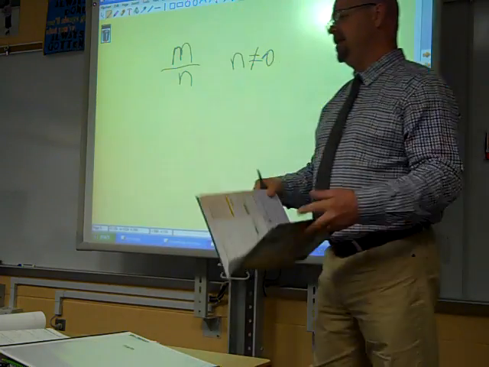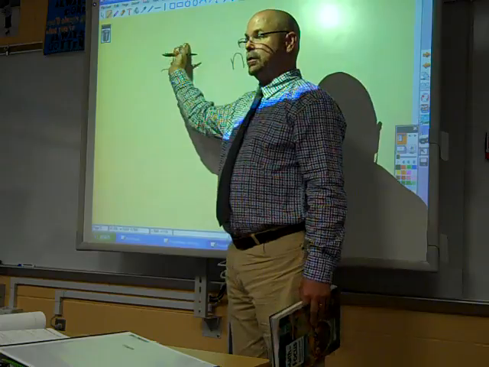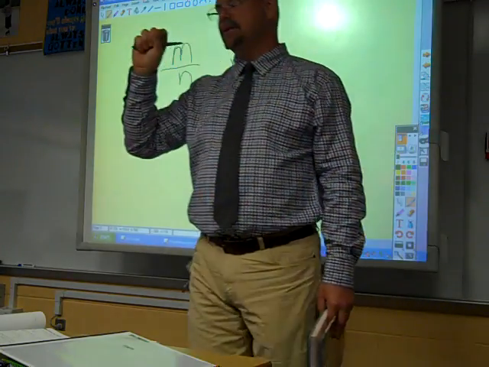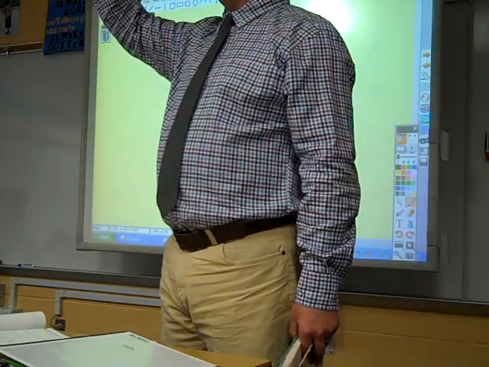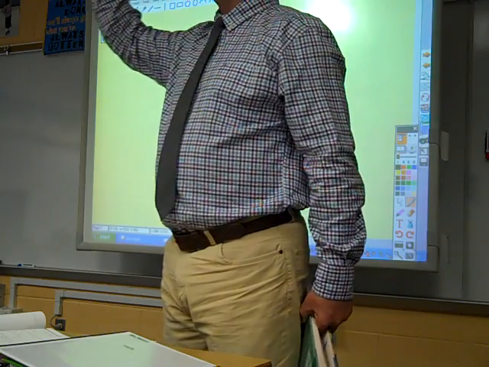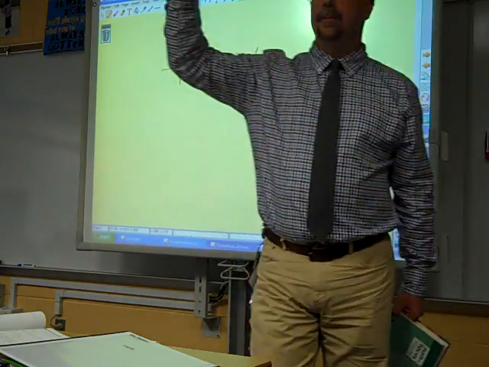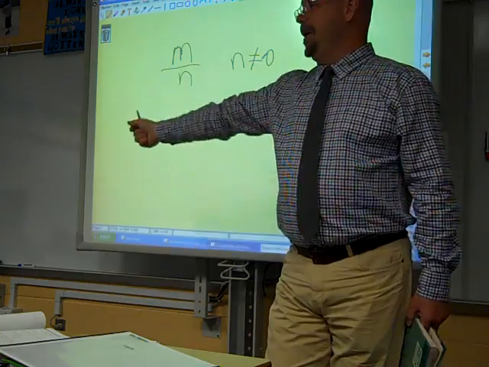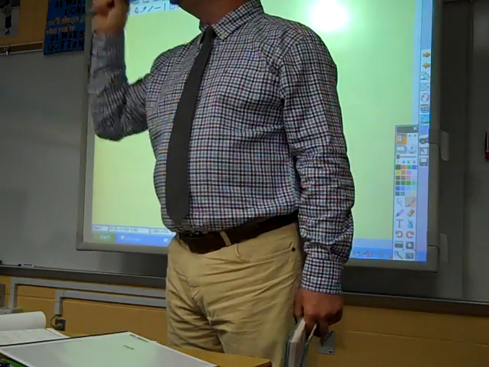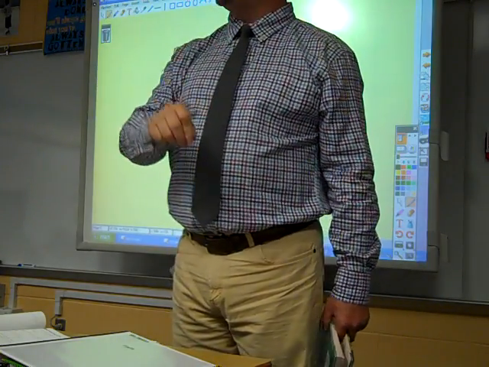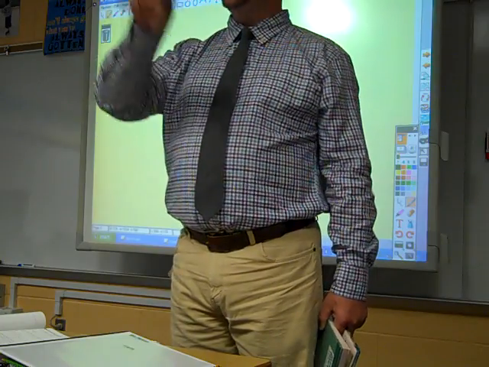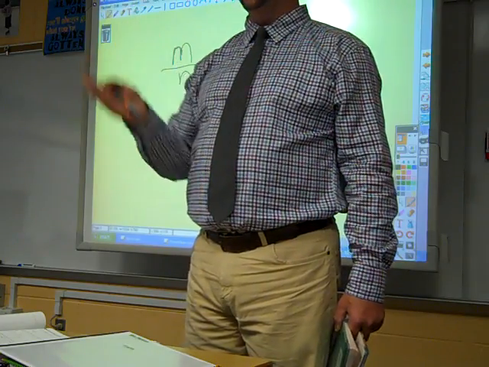Okay? So what that means is, this is an integer. We just reviewed integers very quickly in the beginning. Who remembers what an integer is? Anybody want to share what you think you remember? Okay, I'll remind you. All whole numbers and their opposites. So 1 and -1 are opposites. Those are integers.